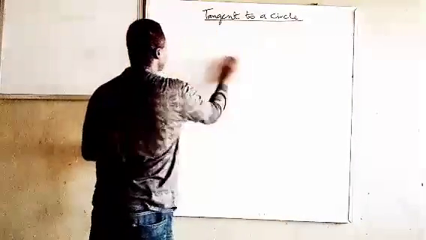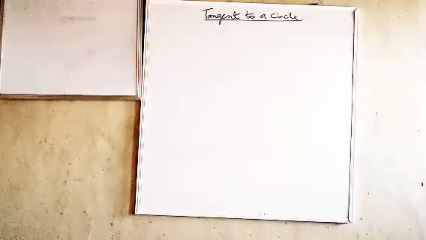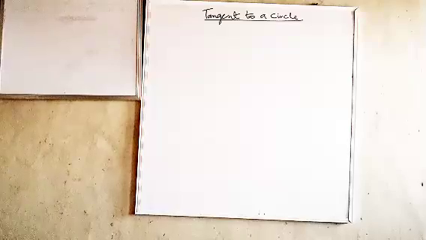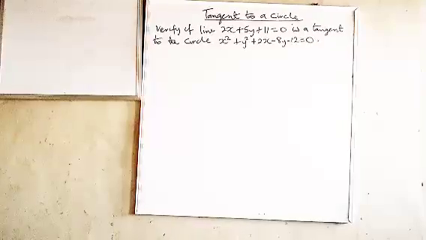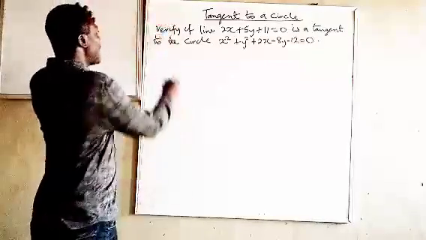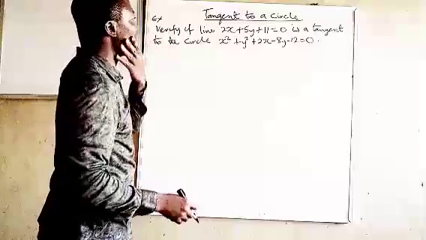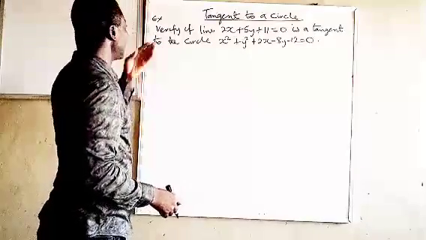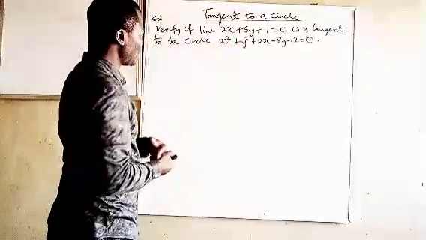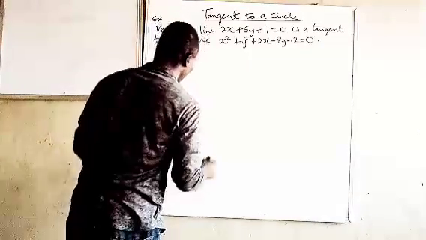Now let's look at a situation where we are given the equation of a straight line and we are asked to verify if it's a tangent to a circle or not. Let's do this little exercise. Verify if the line 2x plus 5y plus 11 equals 0 is a tangent to the circle x squared plus y squared plus 2x minus 8y minus 12 equals 0.